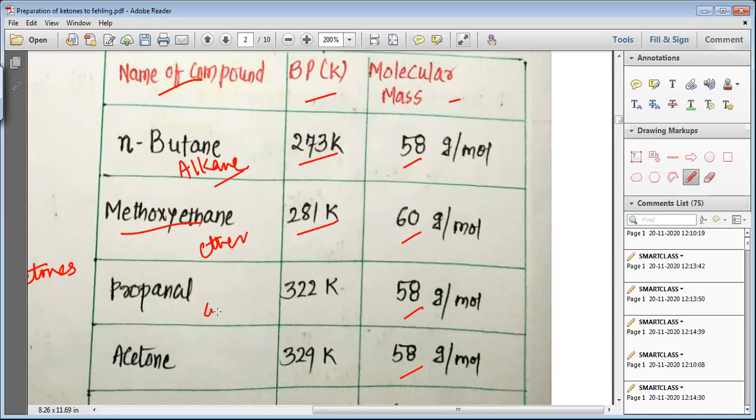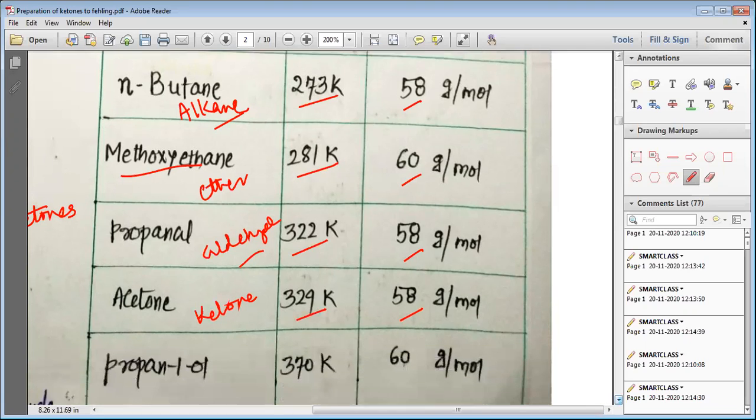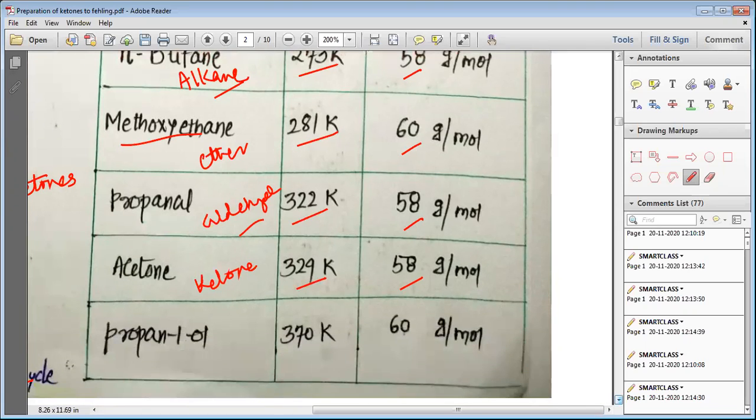Propanal, which is an aldehyde, has a boiling point of 322 Kelvin, whereas acetone, which is a ketone, has a boiling point of 329. So we can easily understand that in this case the boiling point of acetone is maximum, whereas the boiling points of alkane and ether are lower.